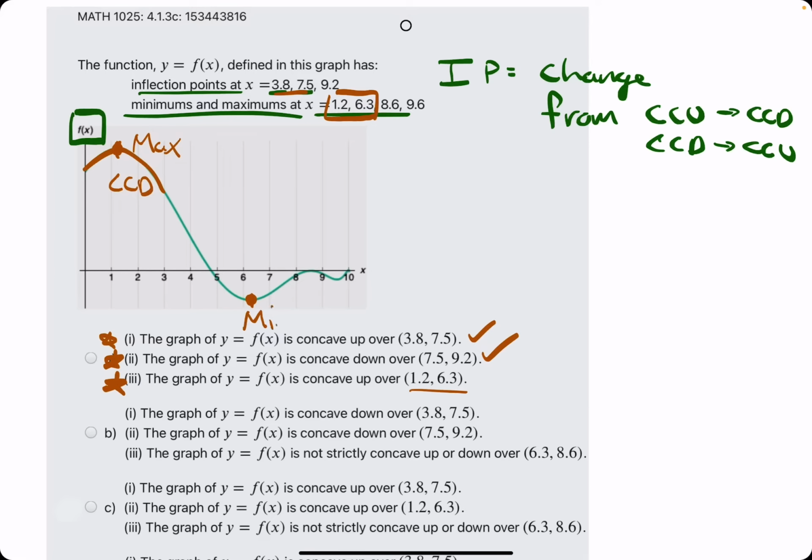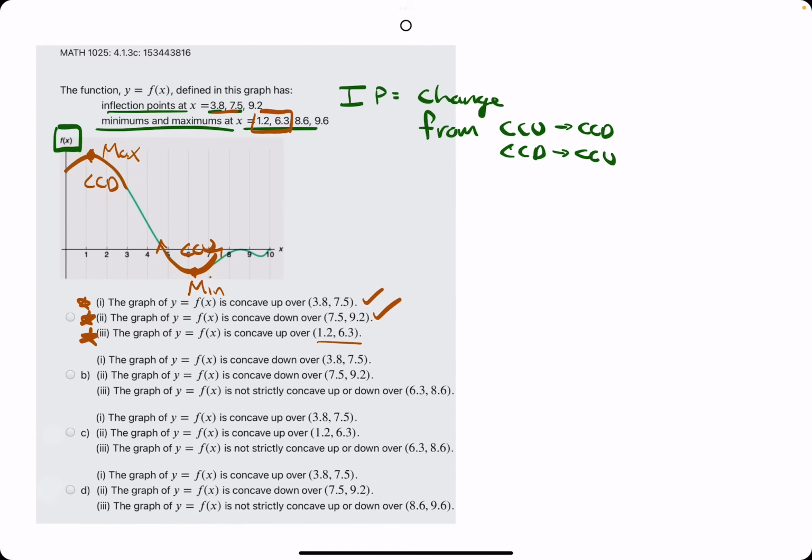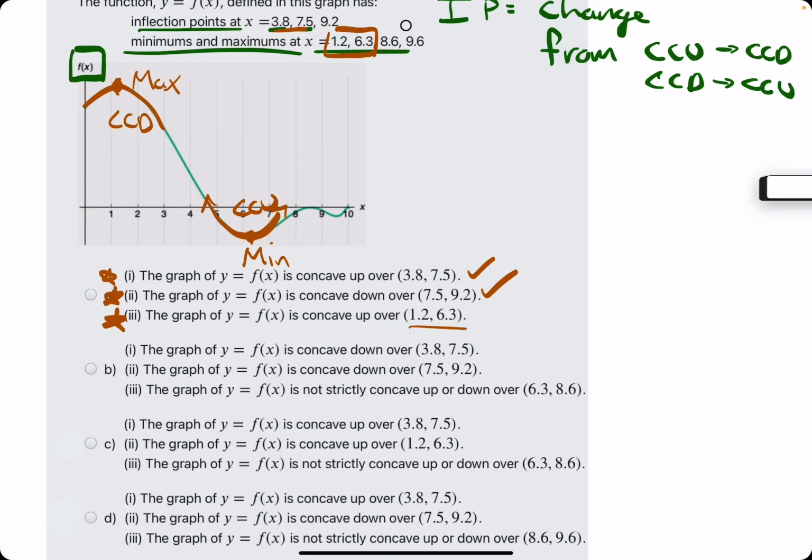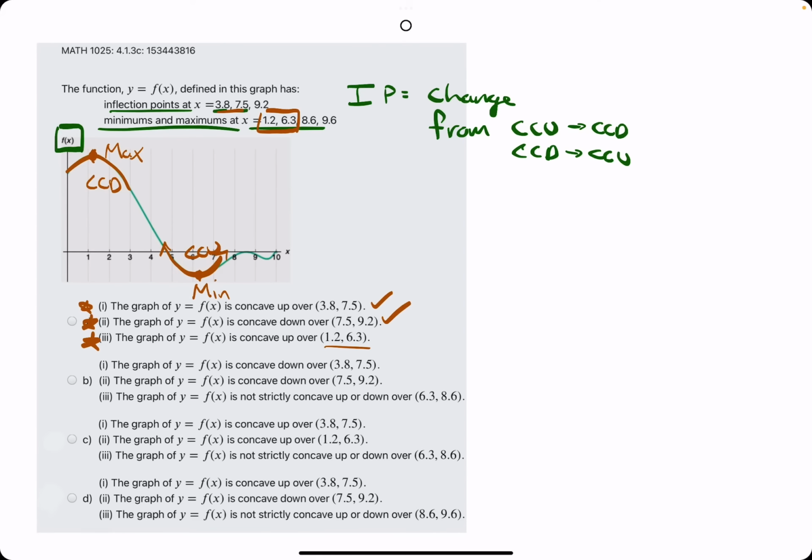And then if we go all the way to the min, the graph has at some point changed to concave up. So the generalization is, if they ever give you an interval from a max to a min, or a min to a max, and claim it's the same concavity the entire time, it's not going to be right, because it must have changed concavity at some point in between.